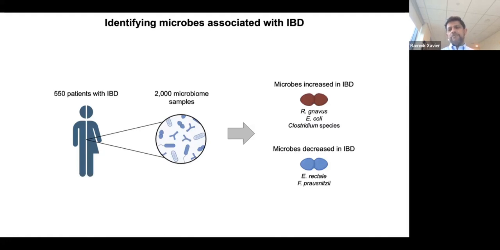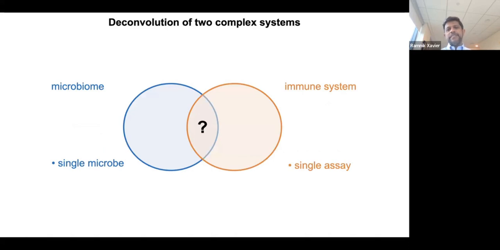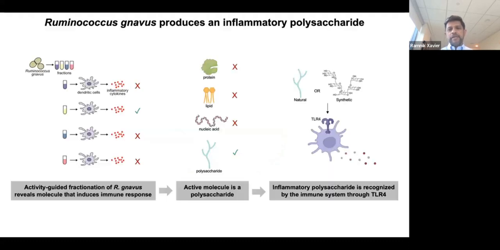We found that Ruminococcus gnavus was increased in patients with inflammatory bowel disease. So we set up a very simple assay. Could we find the molecule made by Ruminococcus gnavus that impacted the immune system? And if we could do that, then one could start thinking about treatment. Or at least in this case, why do patients develop inflammatory bowel disease?